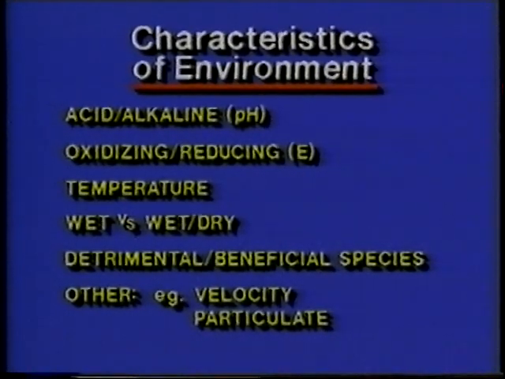Also, there can be detrimental or beneficial species within the environment. And there are other contributions for specific environments that could include velocity or particulate or other species, application of tensile stresses, this type of thing.